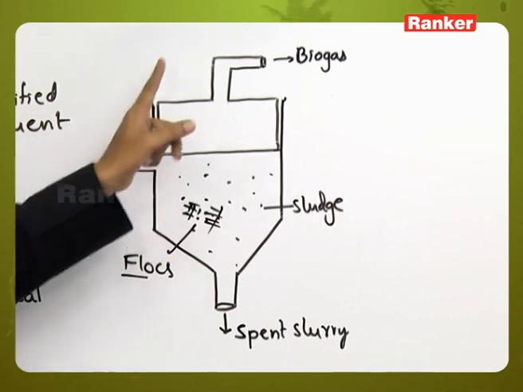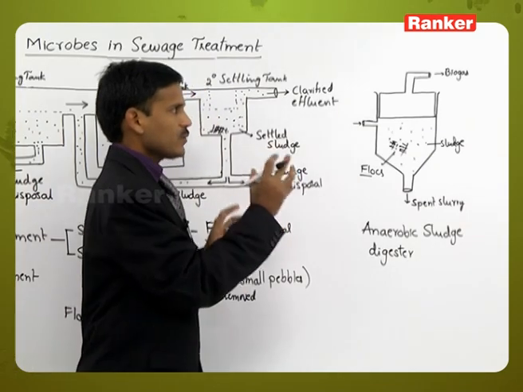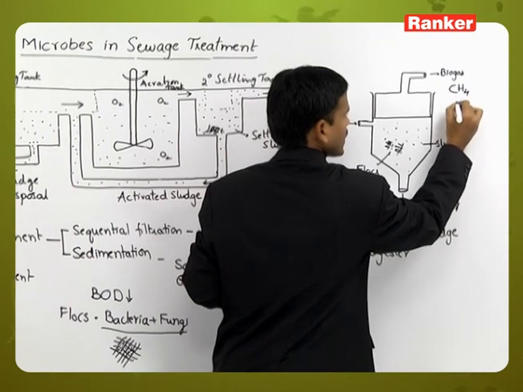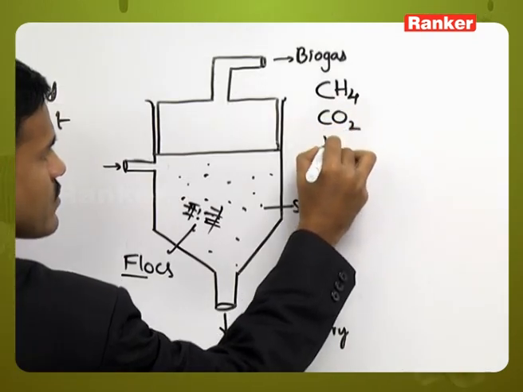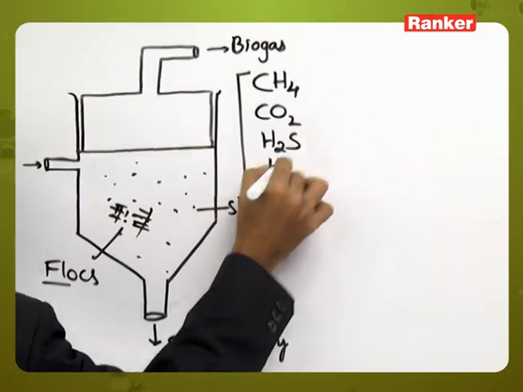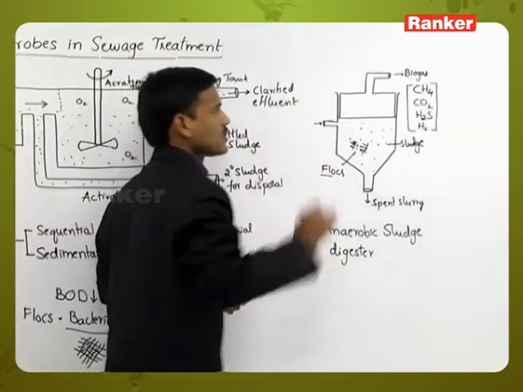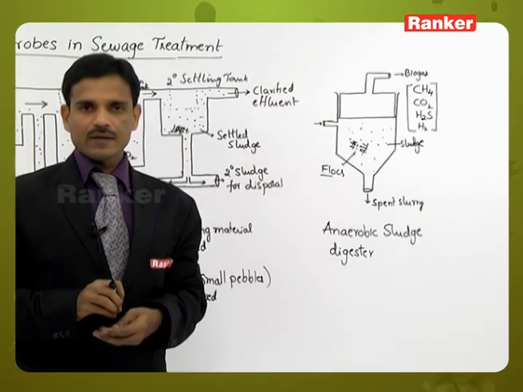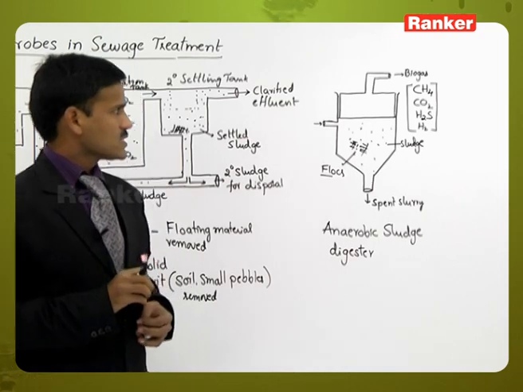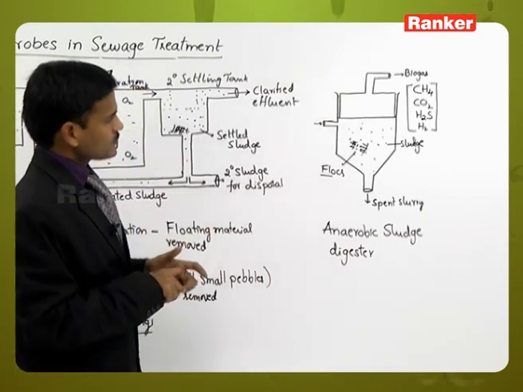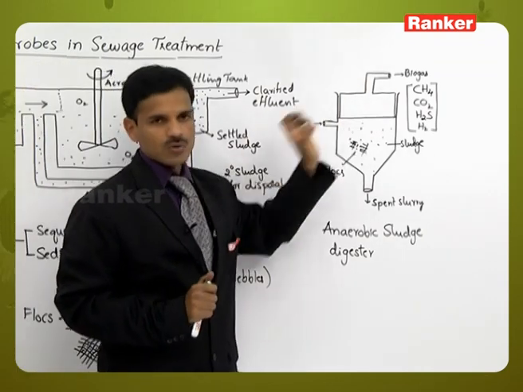Generally the biogas contains methane, carbon dioxide, hydrogen sulfide and hydrogen. The main component in the biogas is methane. The biogas is collected and supplied to the nearby houses.